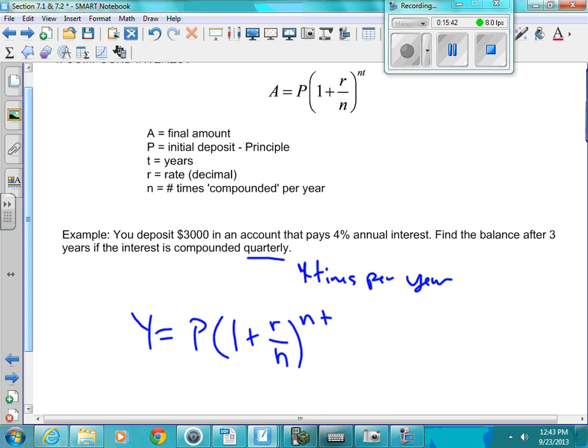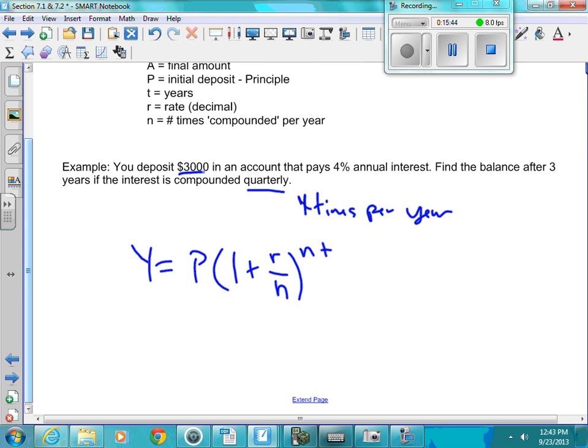So if you look, our principal amount, that's P, that's $3,000. Our rate is 4%. 4% is 0.04, the decimal, 4 divided by 100. And it's compounded quarterly. That's 4 times a year. That's what n is. To the 3 years times 4.